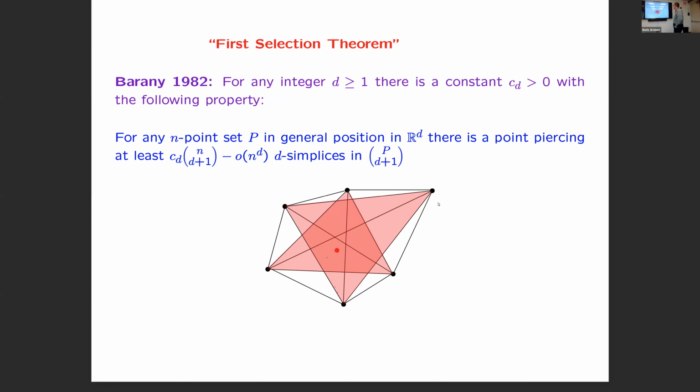So we again pierce a considerable fraction of the simplices that are determined by all sorts of D+1 tuples of points from the given ground set of n points.